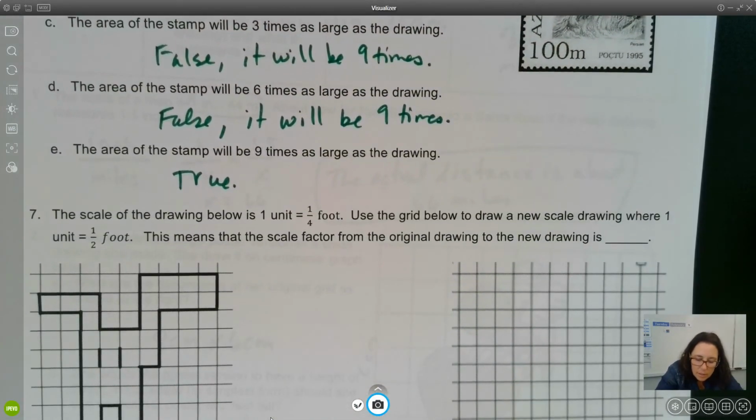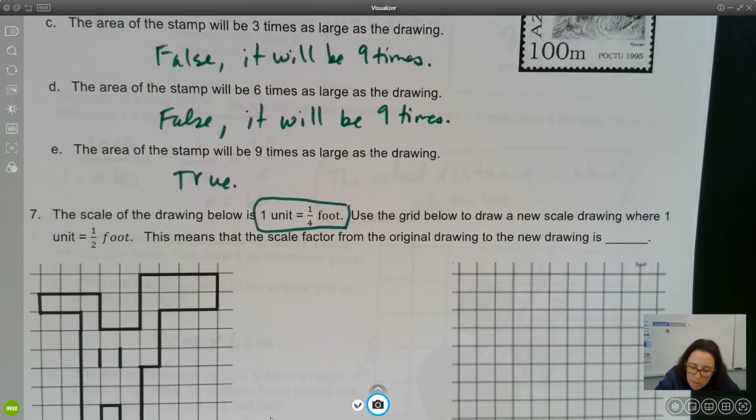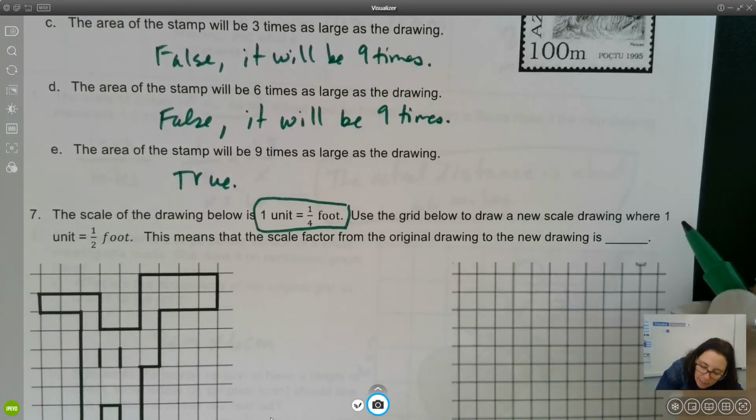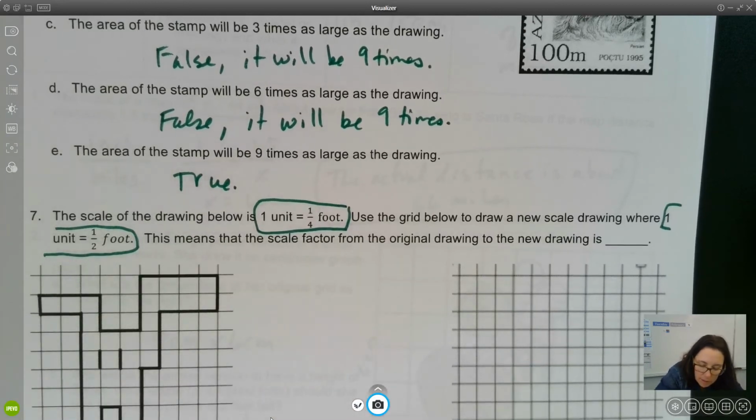Okay, the scale of the drawing below is 1 unit equal 1/4 foot. Use the grid below to draw a new scale drawing where 1 unit is 1/2 foot. Okay, I kind of wish that 1 came down here. This means that the scale factor from the original drawing to the new drawing is, okay, so let's think about that.